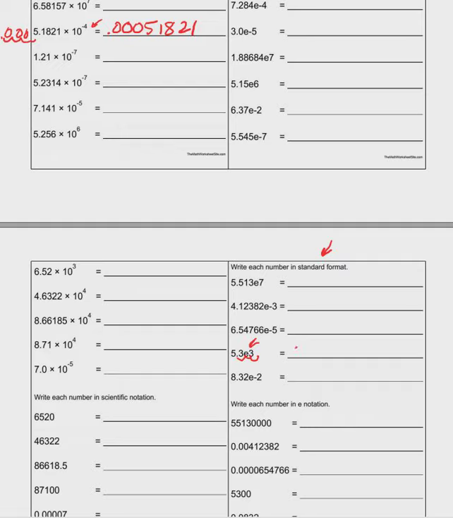So it would be 5, 3, and then we have to fill in those spaces with zeros, if you wish to actually put the decimal point. So that's standard format. E notation is like you did up above in the previous page. Scientific notation is the times 10. And I want this one in standard format right here.